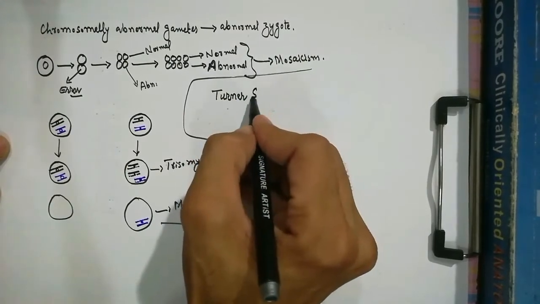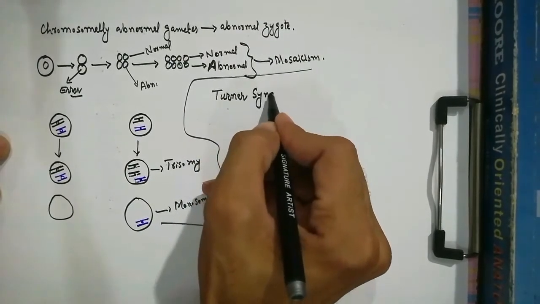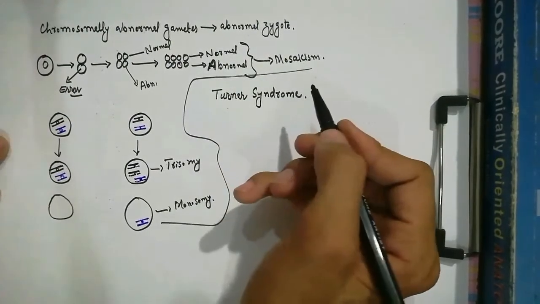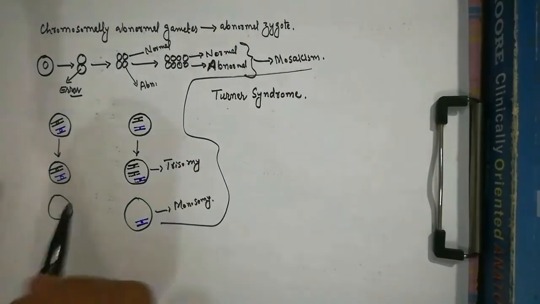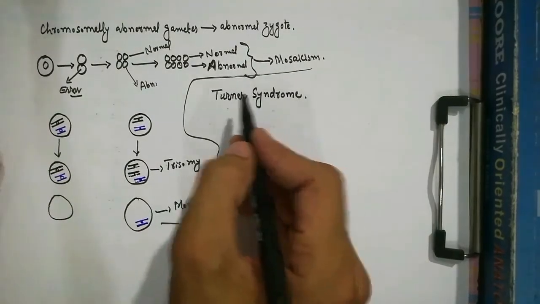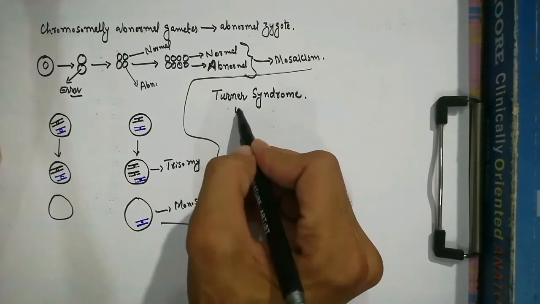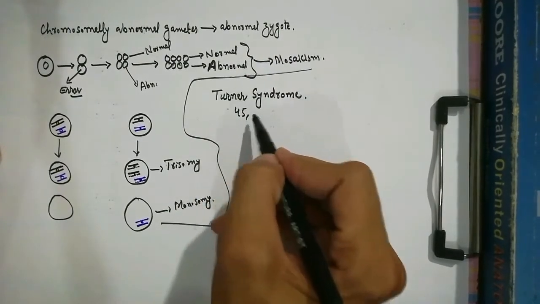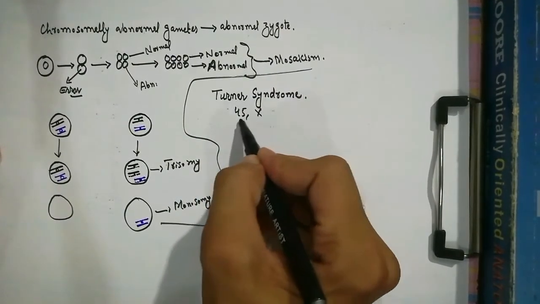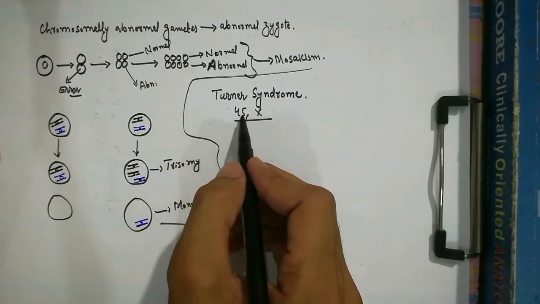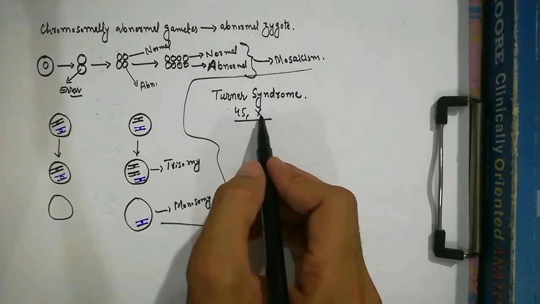The genetic makeup of Turner syndrome is, as it is monosomy, 45,X. The total number of chromosomes is 45 and there is one sex chromosome.